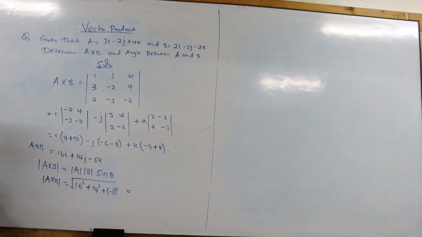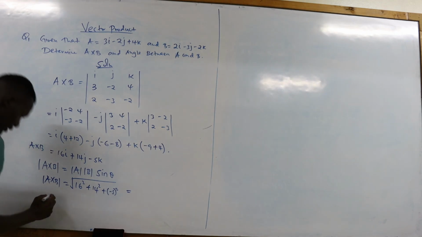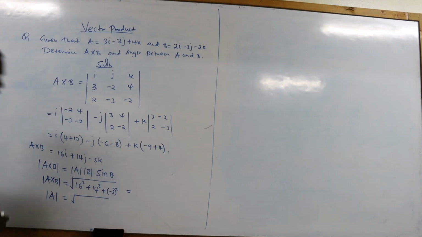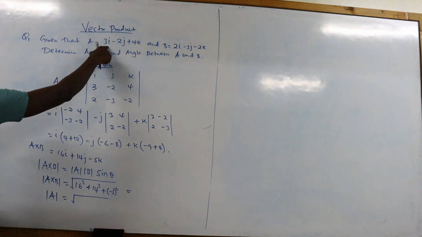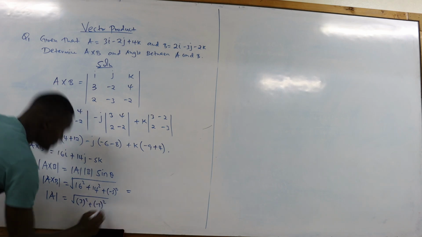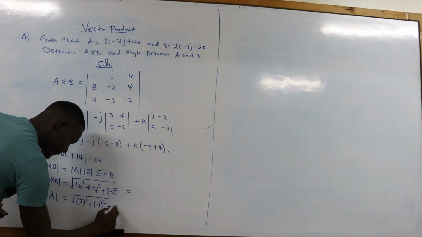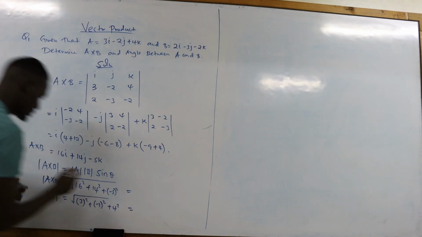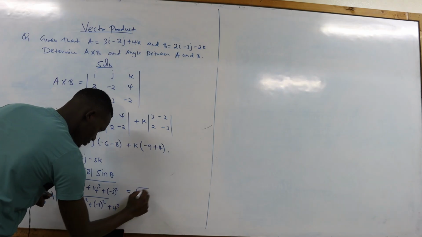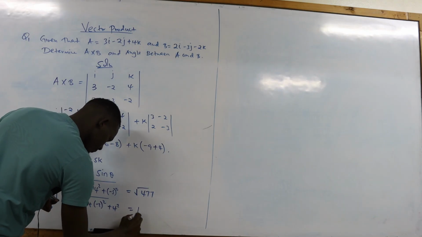Makes your work easy. Then also, you have the magnitude of A, so you check the values of A: 3 squared plus negative 2 squared, plus 4 squared. For the magnitude of A cross B, you have 16 squared plus 14 squared plus negative 5 squared, which is the root of 477.